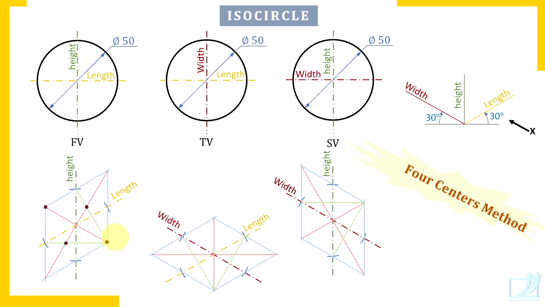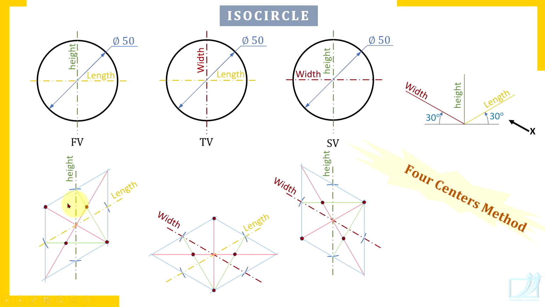Two of the four centers are ends of the shorter diagonal. Check. And the other two centers you get as points of intersection on the longer diagonal. Check here. This point and this point.